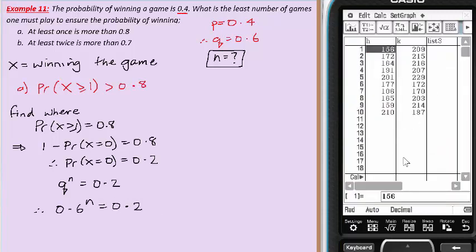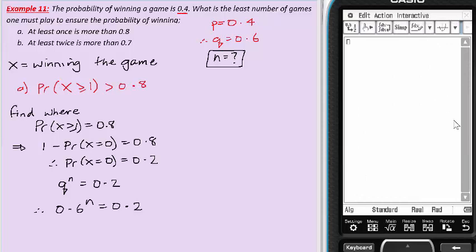So I'll put that into my calculator, and I will write down 0.6 to the power of n equals 0.2, and I'll solve that.